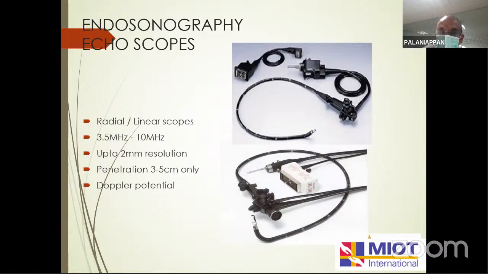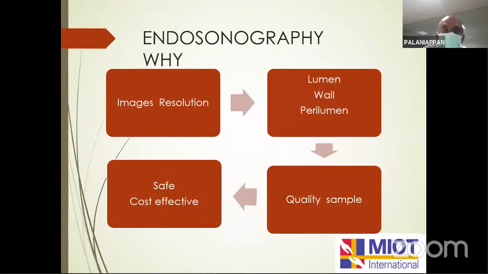So when we screen the structures, we notice whether it is a solid organ or a vascular organ. What we achieve is a high resolution image of the lumen of the GI tract, the wall of the GI tract, and more importantly, structures which lie outside the GI tract.